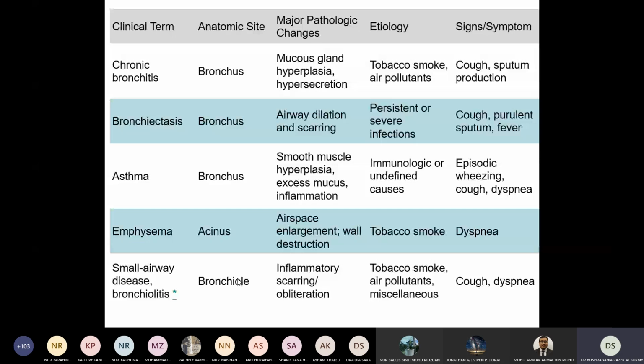Bronchiolitis is bronchiolar inflammation and scarring, also from tobacco smoking, pollutants, with cough and dyspnea. So this is the summary comparison between the obstructive airway conditions. Any question?